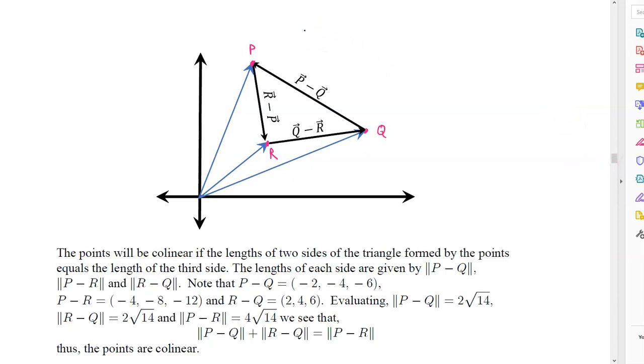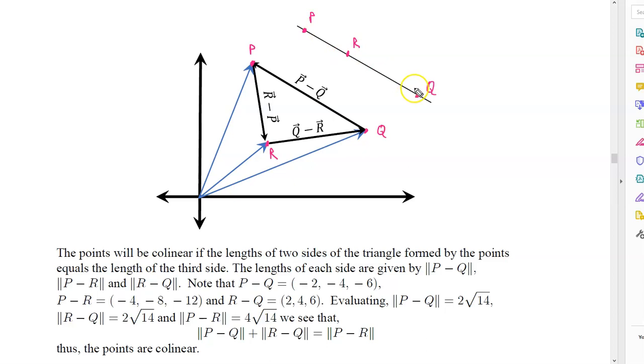You would actually have to have a situation like this, where the P would be here, the Q would be here, and the R would be right here.